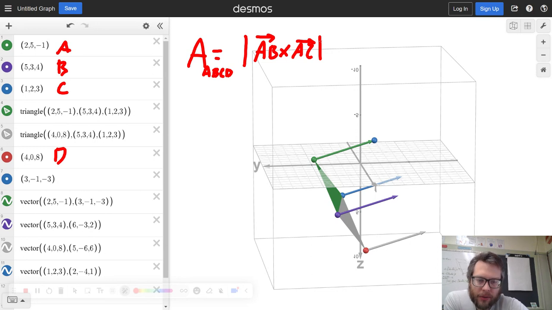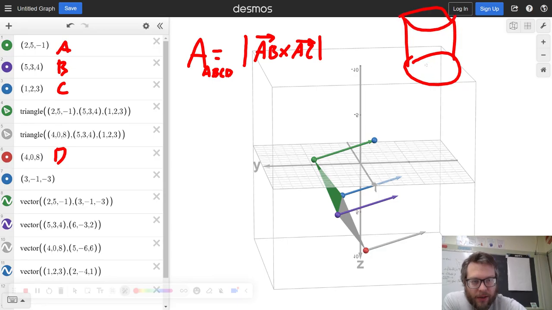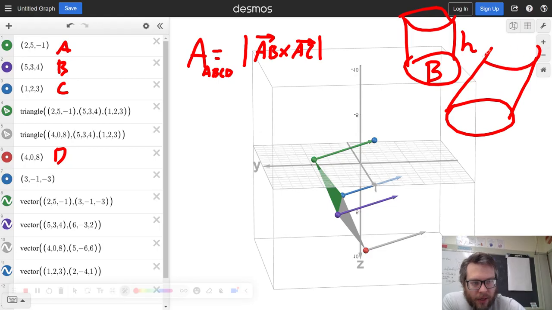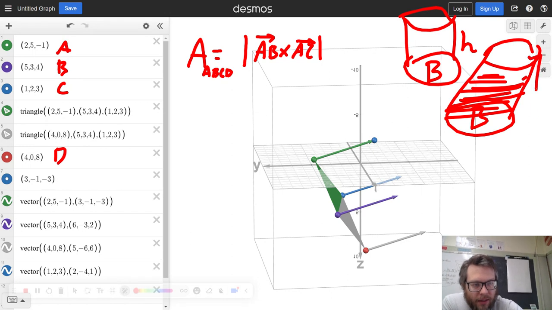Okay, so here's the idea. I know that if I have a 3D shape, like a cylinder or something like that, then I just figure out the area of the base and I multiply it by the height. And if you think about it kind of like in calculus terms here, if you have a 3D shape that's tilted, you can still find the area of one of those layers, and you just add up how many of them there are in the height direction.